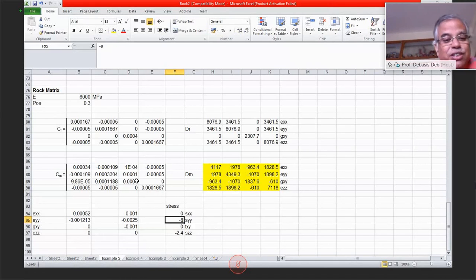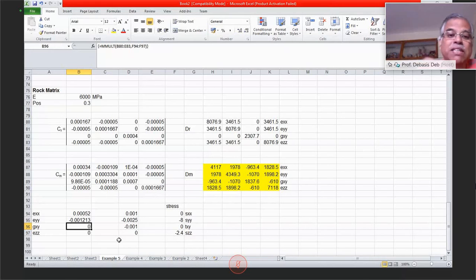Because there is a relationship, we will have a strain in shear direction even if there is no shear stress. See here, there is no shear stress. See, all are 0. So there is no shear stress, so there is no shear strain. But here, even if that is 0, there will be a shear strain.